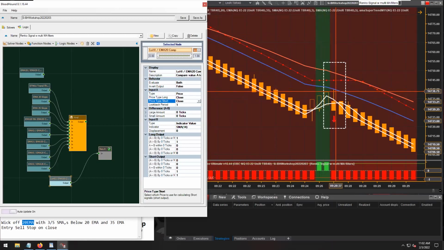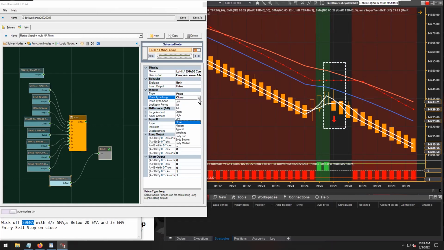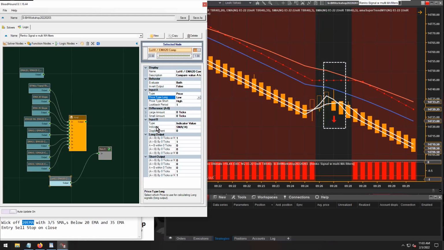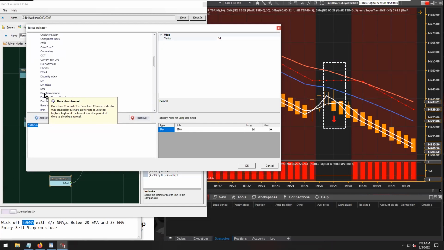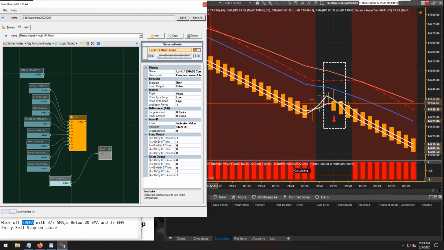For a short signal, we're using the high of the bar. For a long, we're going to be using the opposite price, so that would be the low price of the bar. And then input B is going to be the EMA 20, a 20 period.